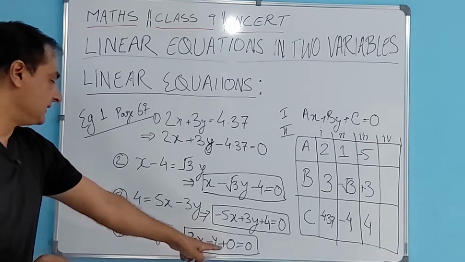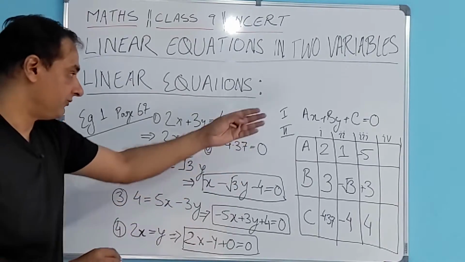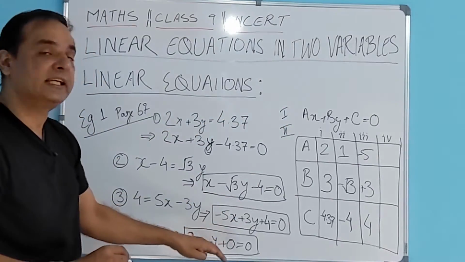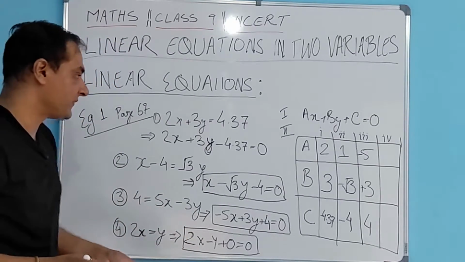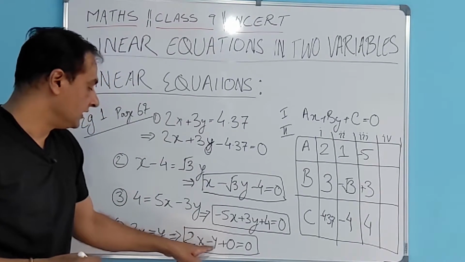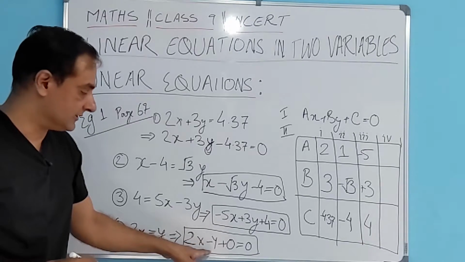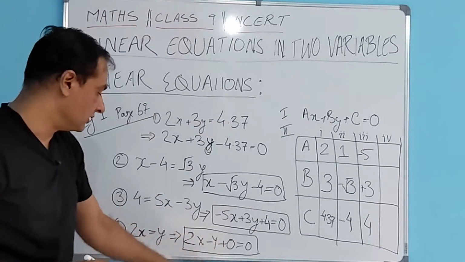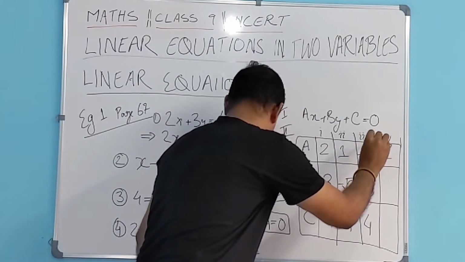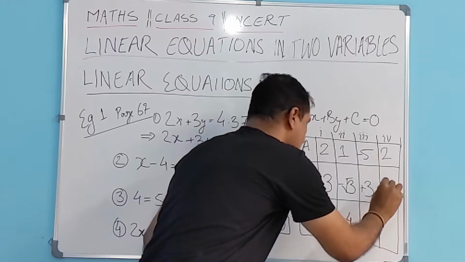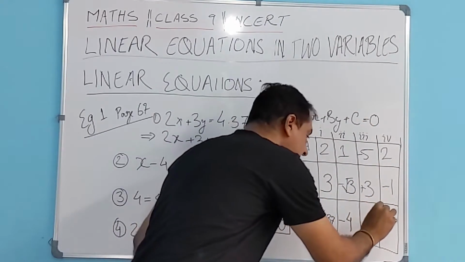We can clearly see there is no need to write that, but if we have to write it explicitly in this form, it's better to write it this way, so we'll understand it more clearly. So now value of a is 2 here, value of b is minus 1, value of c is 0. So we write that value of a is 2, value of b is minus 1, and value of c is 0.